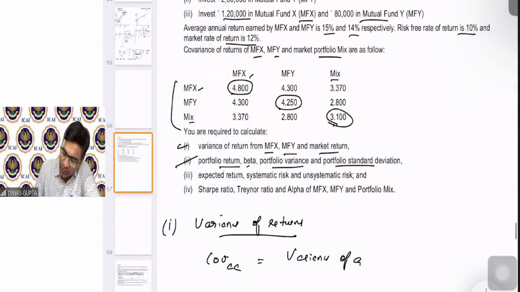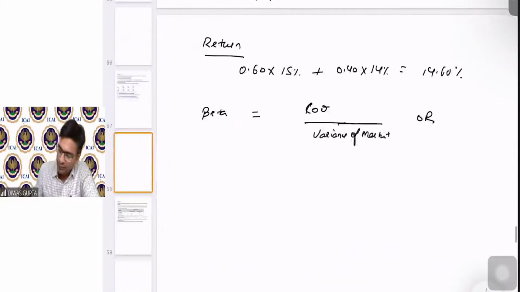MFX and market. First of all, MFX and market is this much, right? 3.37 divided by 3.1.